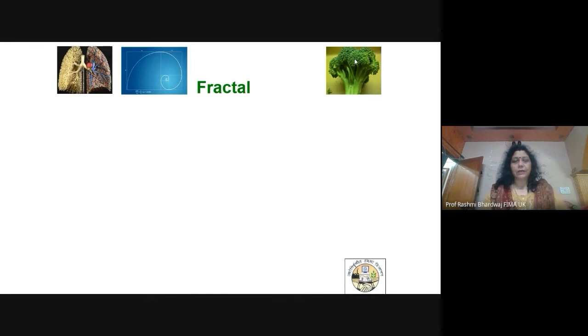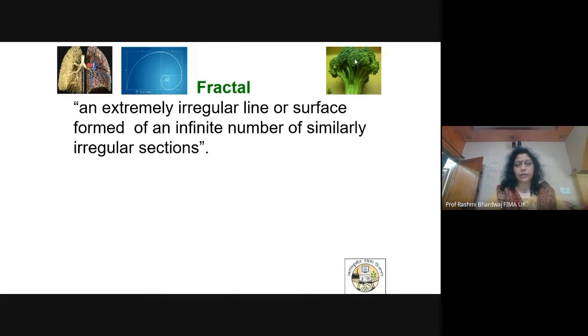So this is mathematically known as a fractal, and this term was coined in 1975. It is an extremely irregular line or surface formed of an infinite number of similarly irregular sections.